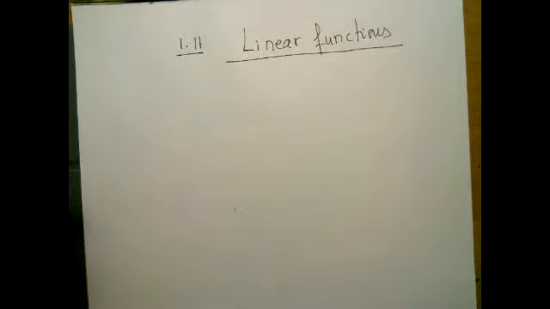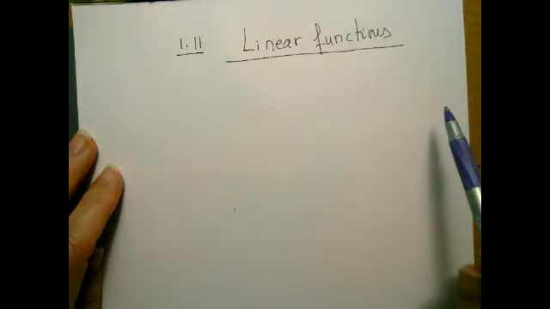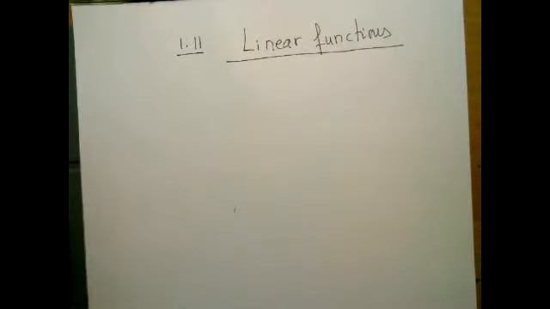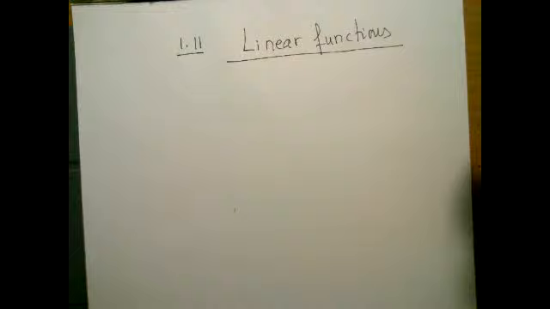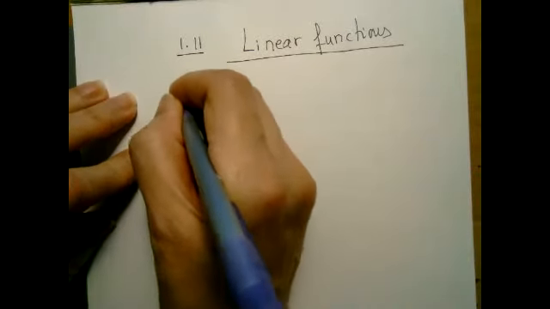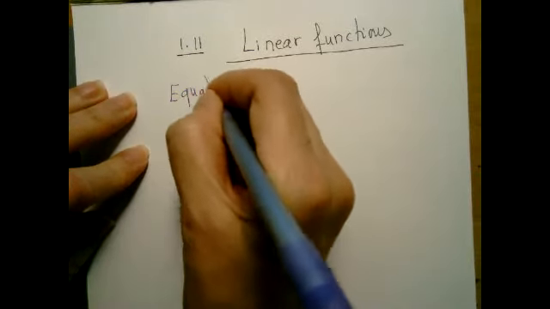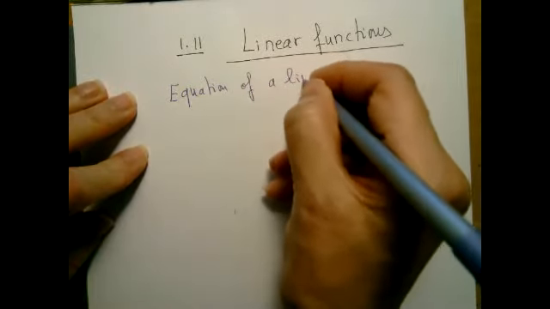A linear function is a function, it means a rule. We give it an input, it gives you an output. But so that when we graph it, we get a straight line. That's what a linear function is. So today we will focus more on how to find a formula for it. Next time we're gonna focus more on what characterizes a linear function. So today is going to be focused on one aspect, how to find a formula for it, or in other words, we're going to study the equation of a line.